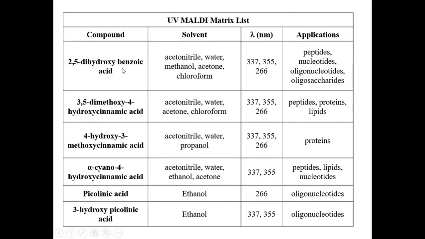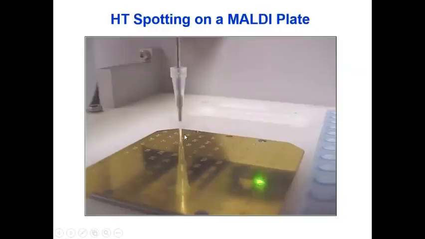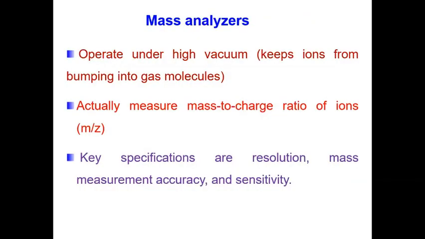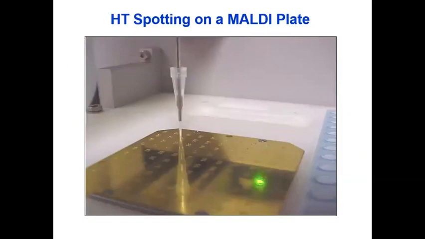So there are different types of matrix used in MALDI for analysis of different compounds, and we have to use a different laser light when we use a different matrix. Then this is the target plate for preparation of the sample in MALDI. So that was about the different types of ionization sources.